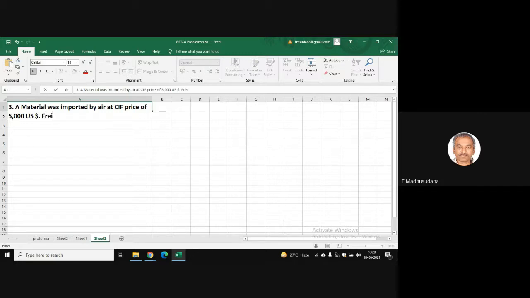Freight paid was 1,500 US dollars, and insurance cost was 500 US dollars.